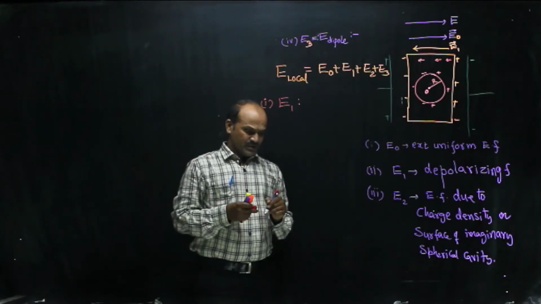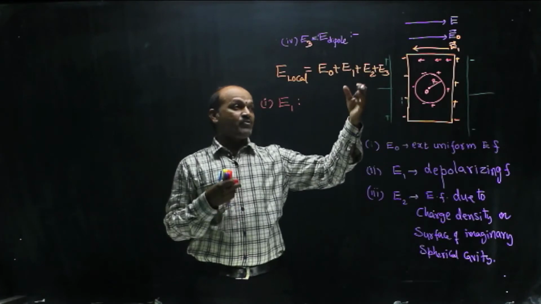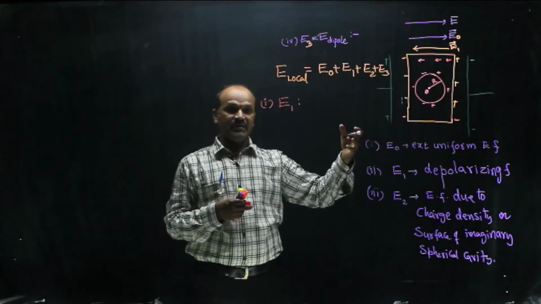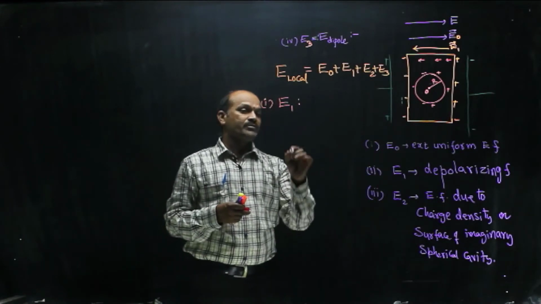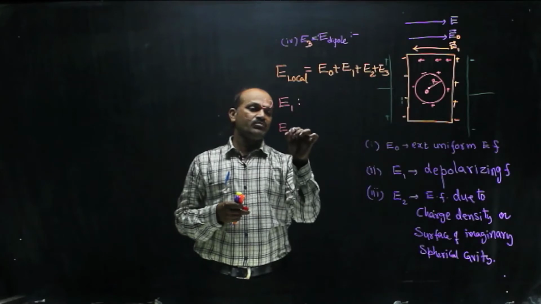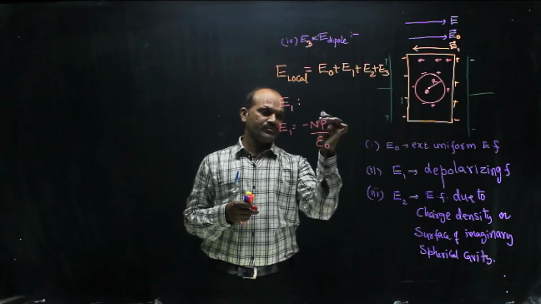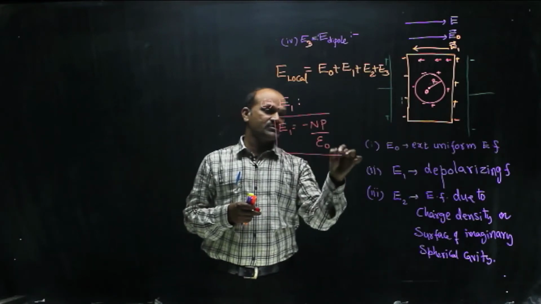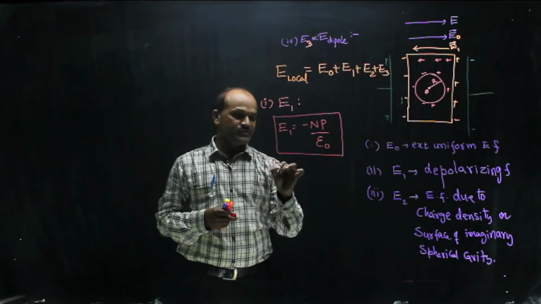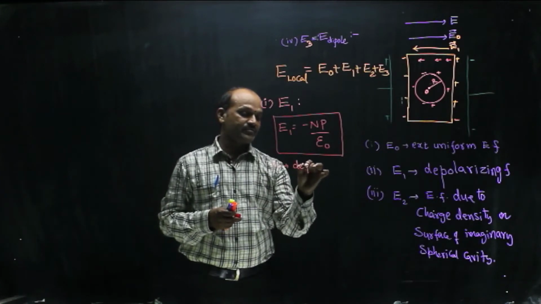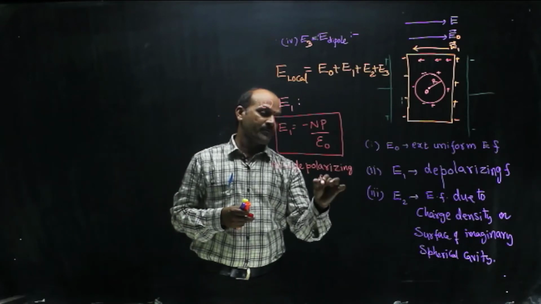So E1 depends on the shape of the material. We can write E1 equal to minus N P by epsilon naught. Using this formula we get E1, and N is the depolarizing factor.